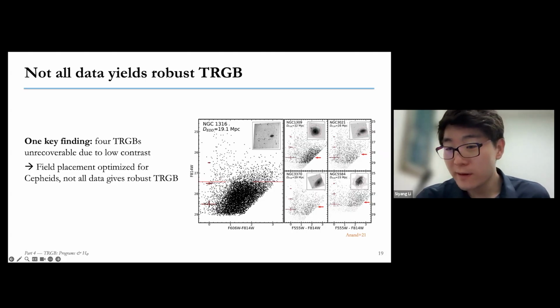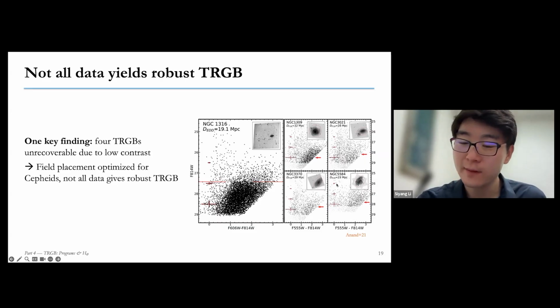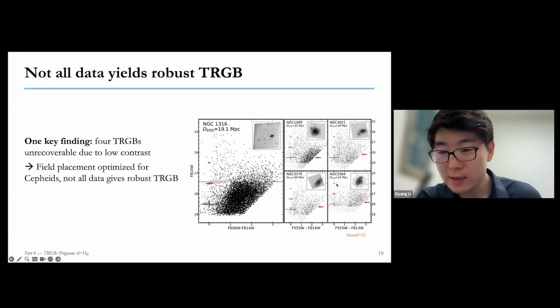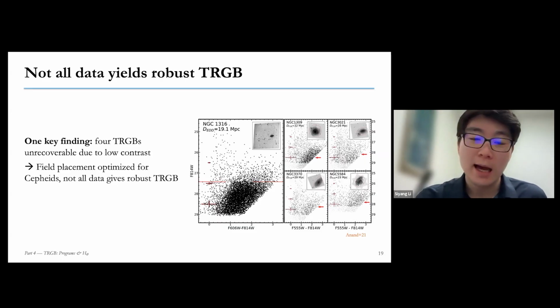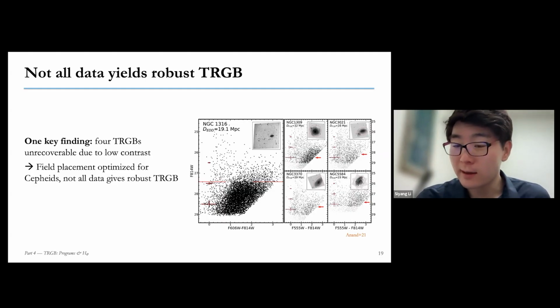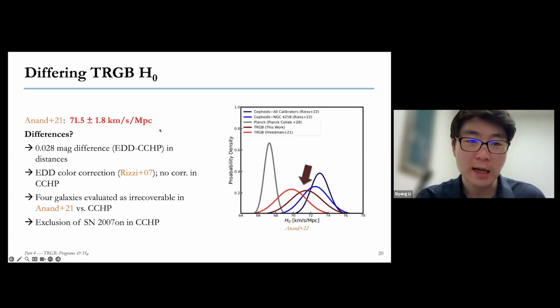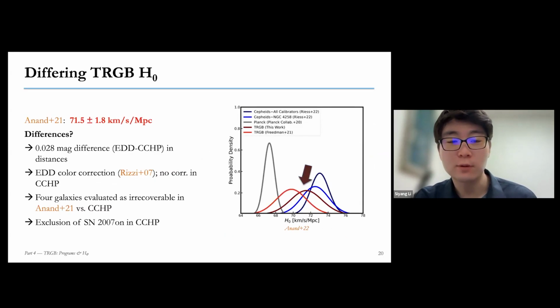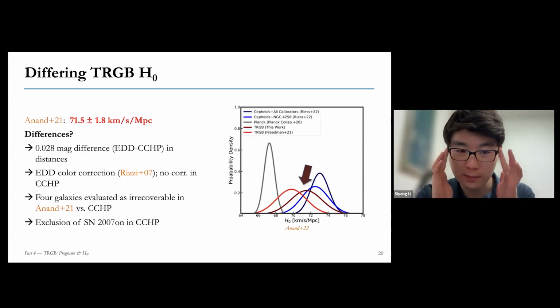So one major finding in their Hubble constant measurement was that they could not measure a robust TRGB from these 4 galaxies from the data that was used by CCHP. As a result, they concluded that they could not recover the TRGB and had to exclude that data from their H0 measurement. Their result ended up being around 71.5, plus or minus 0.8 kilometers per second per megaparsec.